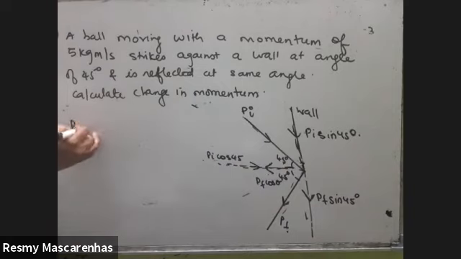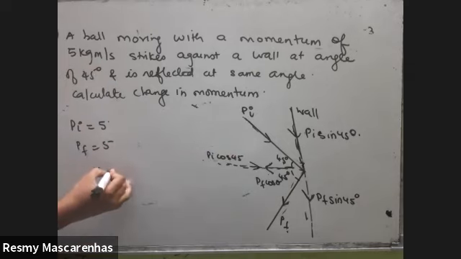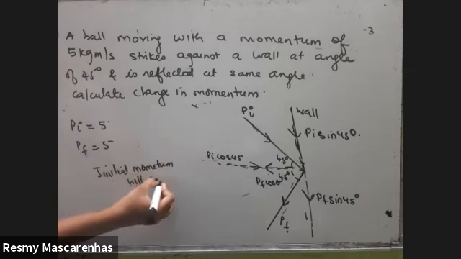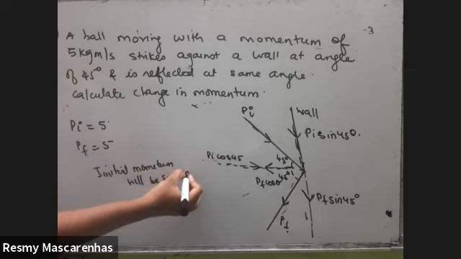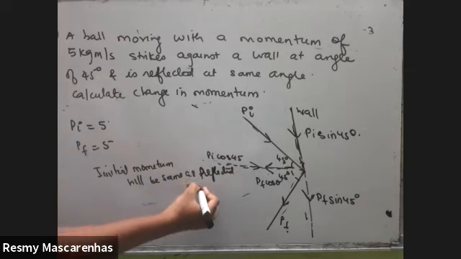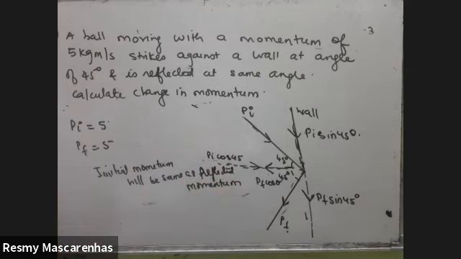Now, if Pi is given to me as 5 kg meter per second, PF will also be 5 because it is reflected at the same angle. The initial momentum will be same as the reflected momentum, because it is going back at the same angle.